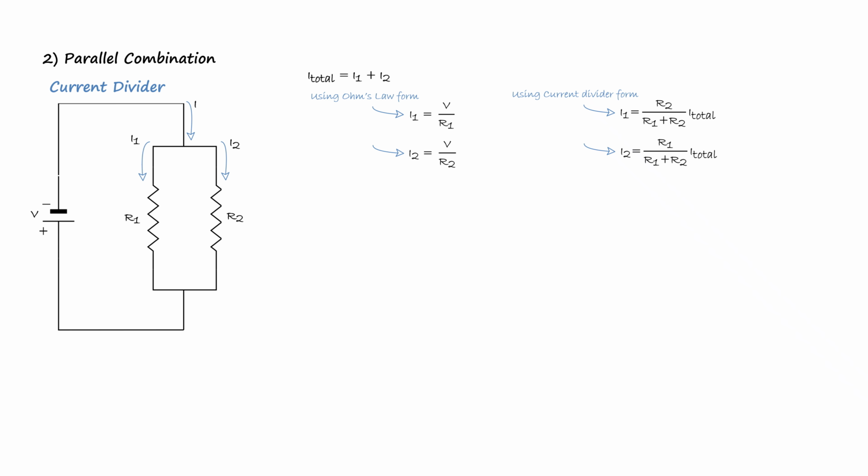And let us derive how we can get this and this formula. First, we know that I total or I is equal to I1 plus I2, and we have the value of I1 and I2 using Ohm's law.